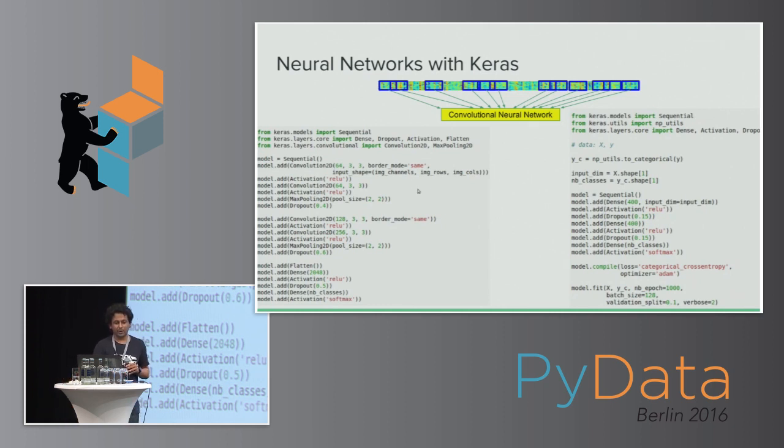So here we had a very huge network with 2 convolutional layers, 1 activation layer between, then another activation layer, dropout.